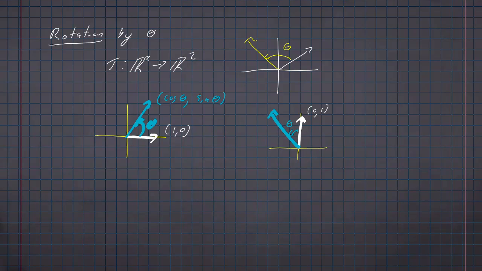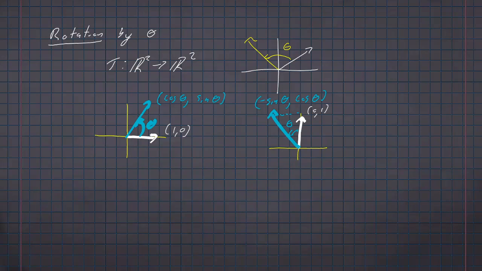In this particular case, x is the opposite side of the triangle, if I fill in the rest of that to make it a right triangle. So the x here is going to be, it looks like, negative sine theta. Negative because we rotated to the left and we ended up on the negative x-axis. And y will be the adjacent side, cosine theta.